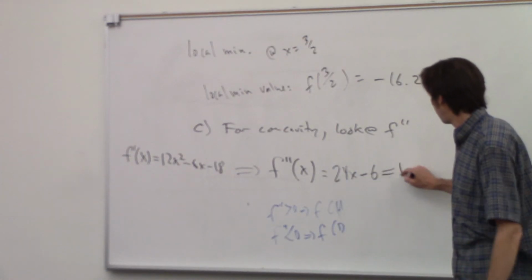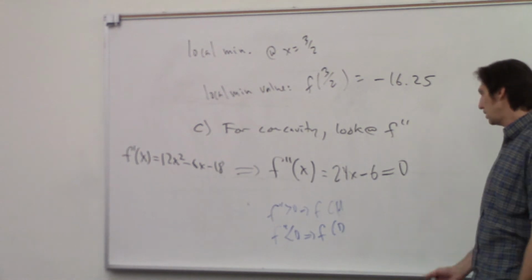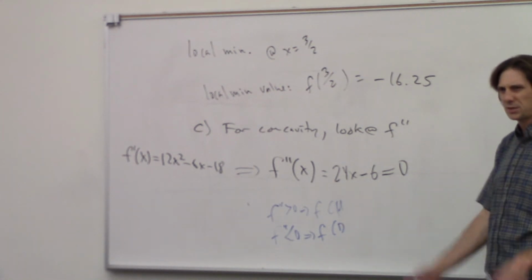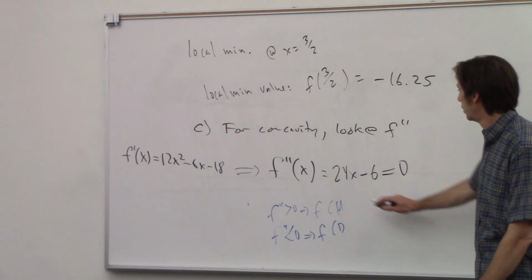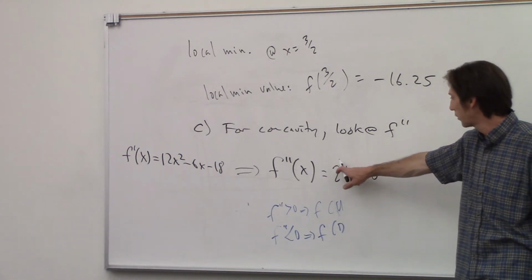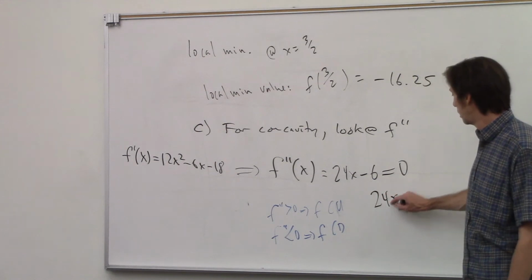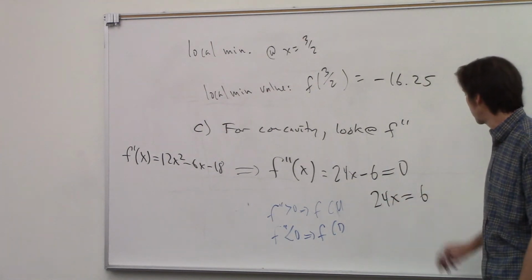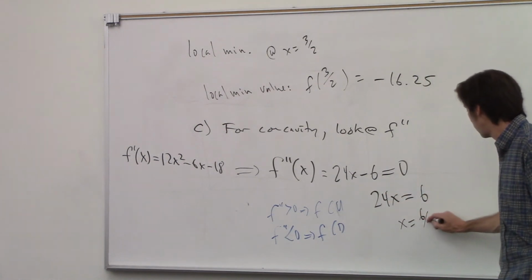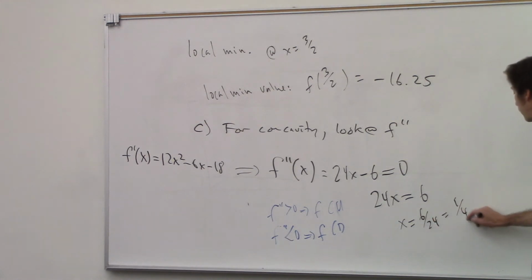We first figure out where the second derivative equals 0, and then pick some test points on a number line. So we take the second derivative, 24x minus 6, set it equal to 0, and solve for x. 24x equals 6, and then x equals 6 over 24, which reduces to 1 over 4.